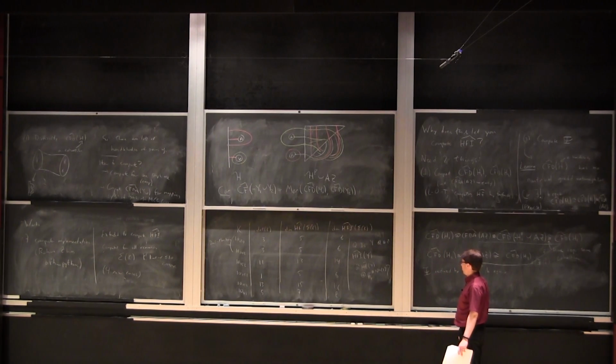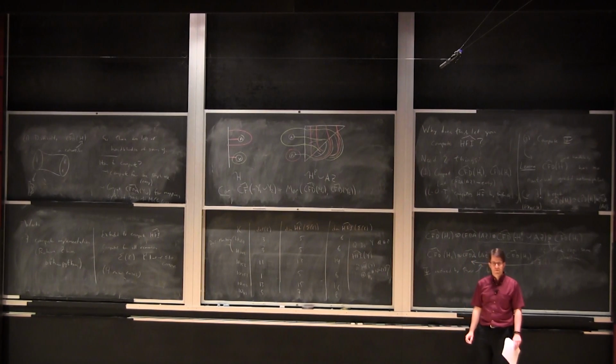I think that in all known examples that's true, but there are not so many known examples, so I'm not sure whether it's true or not. Okay, I'll stop there.